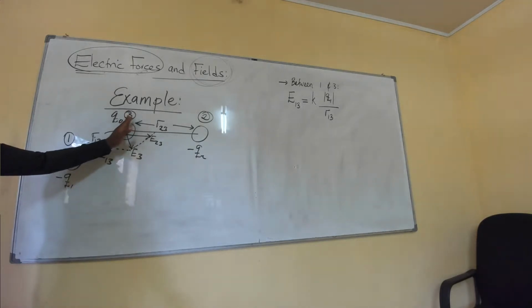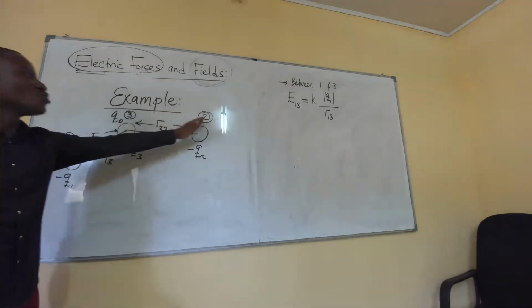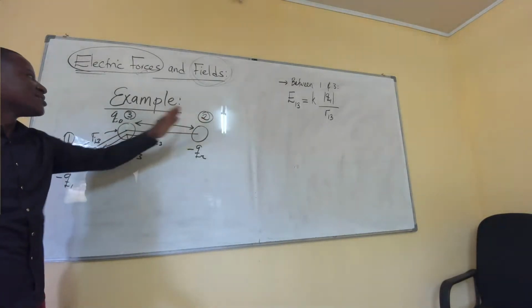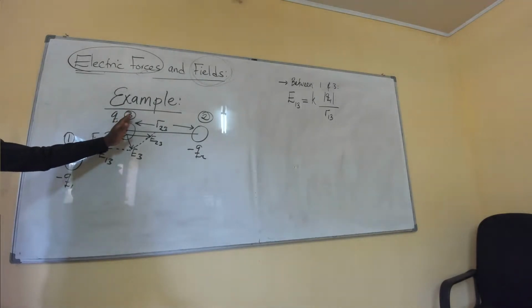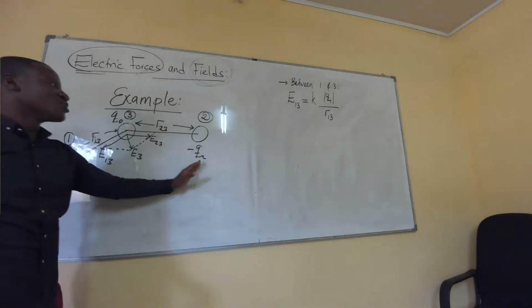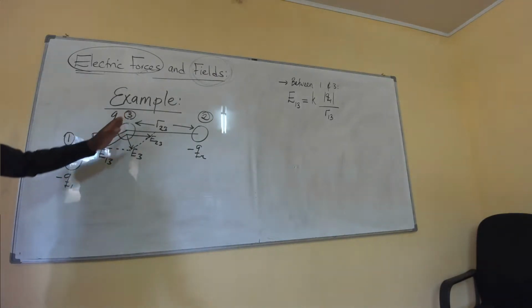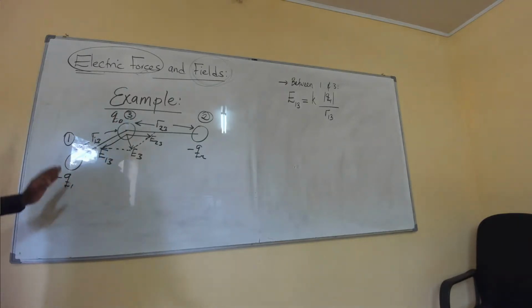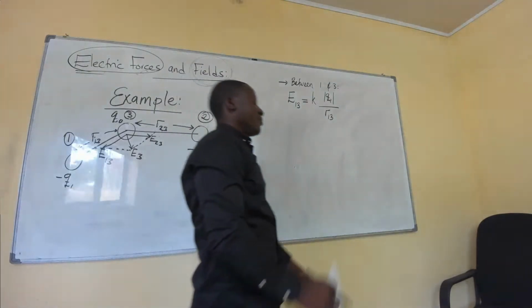But the question has 2 charges, which is 1 and 2. So it's asking us to find the total electric field that we are going to experience at this point if we are in between Q1 and Q2. So first of all, you solve it separately. You have the one that is due to Q1, then also you solve for Q2, then you add the two of them.